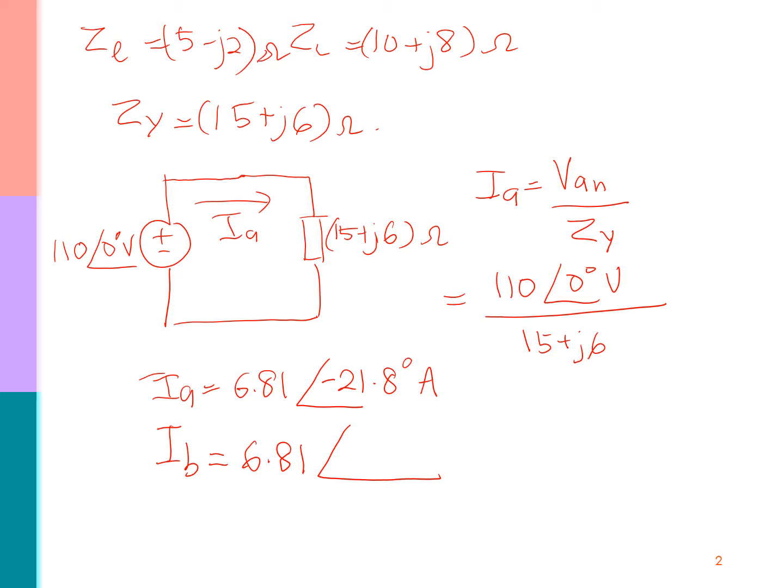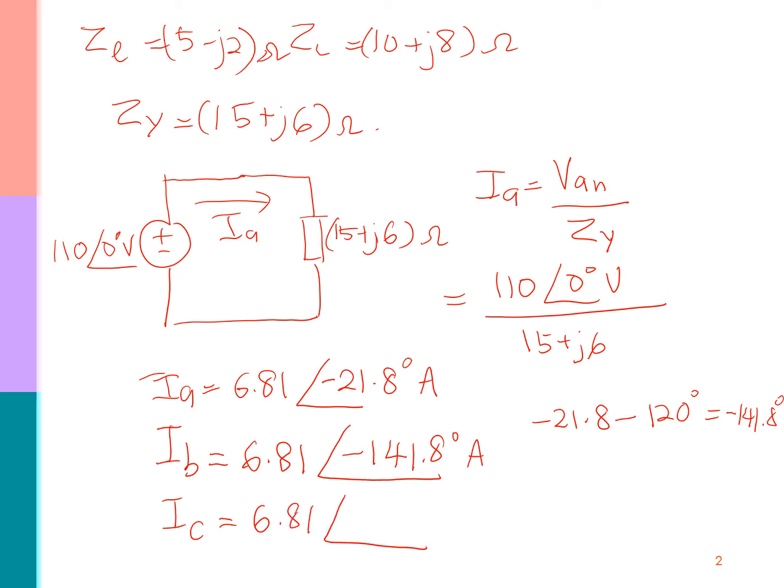You refer to the angle of IA first, then minus 120, and you will get minus 141.8 degree ampere.